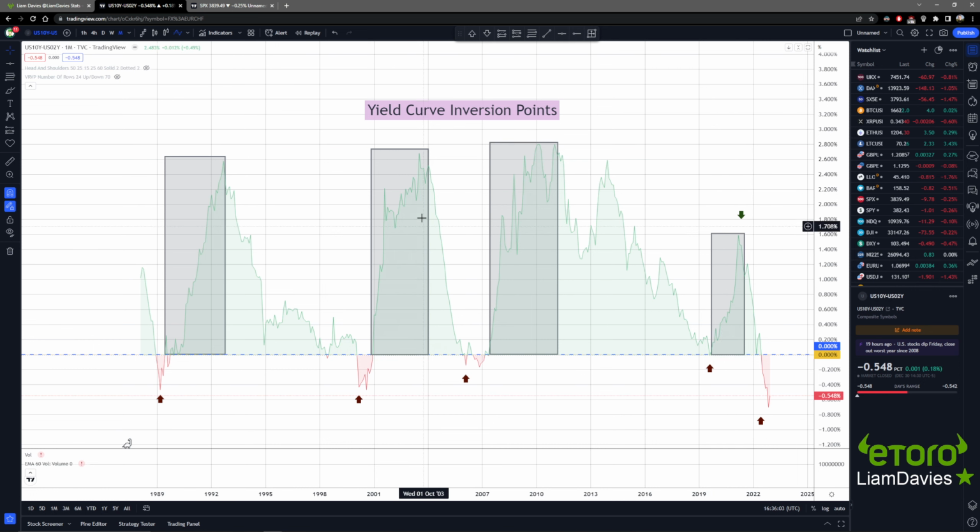This is the dot-com bubble, the subprime mortgage crisis, COVID, and the war in Ukraine coming shortly after. So this sort of indicator has been fairly reliable in picking out recessions over the years.